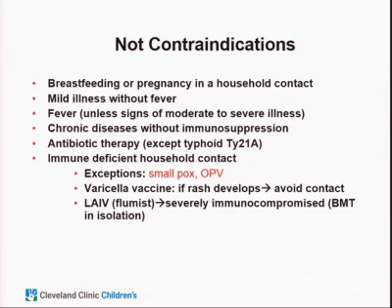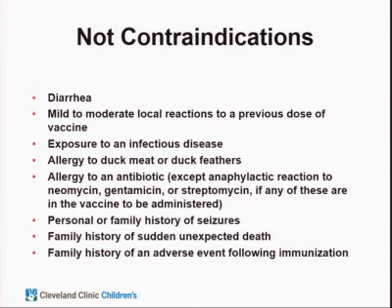But that is not a contraindication because the rash from the vaccine is so rare and transmission appears to be very limited. And then with the live influenza vaccine, the only time you need to take precaution is if you have a severely immunocompromised contact, such as somebody who's recently had a bone marrow transplant and is in isolation, okay? So really, smallpox and OPV are the only ones you have to remember.